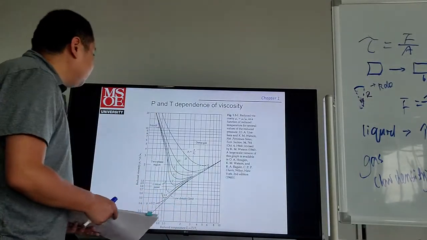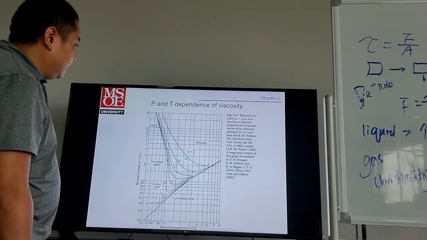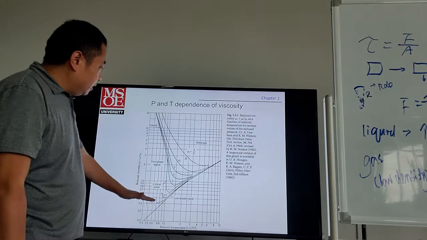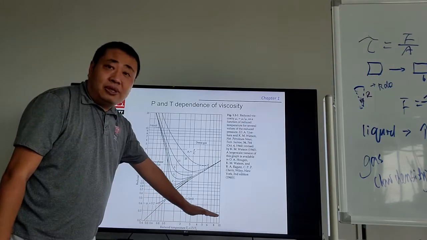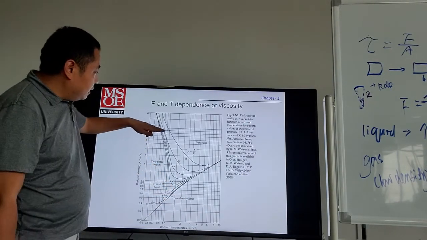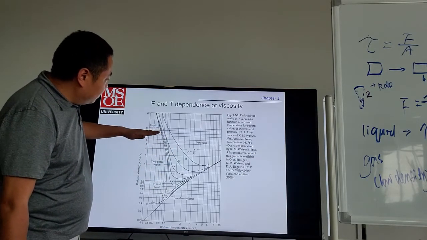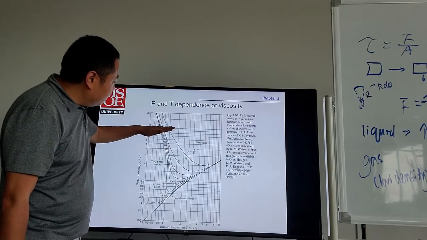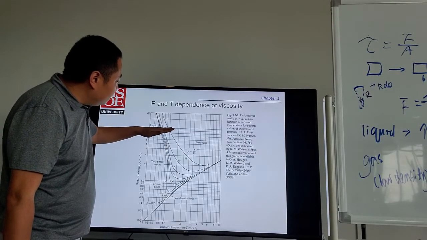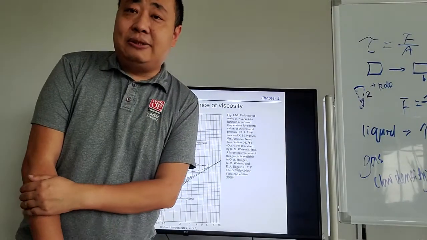If we look at the pressure influence on the viscosity, we know this is the direction of temperature increase, so we can say this is the direction of pressure increase. Take a look at liquid here. If we increase pressure, we can see the viscosity doesn't increase significantly, right?